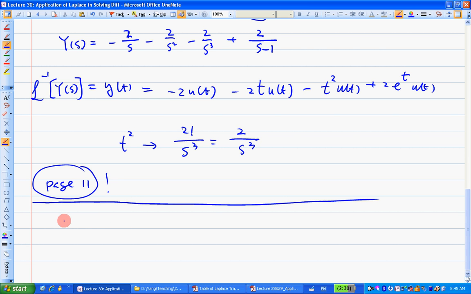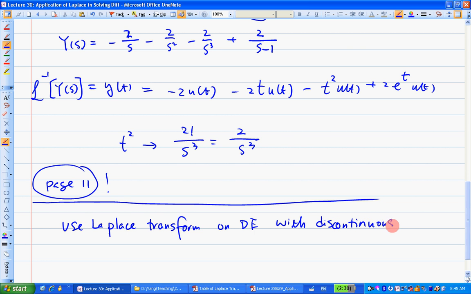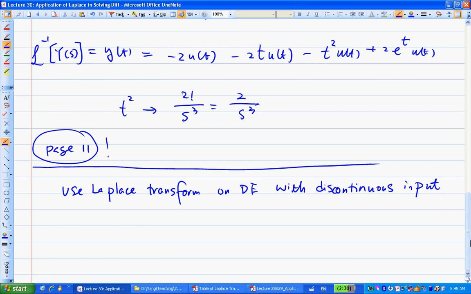We're going to use the Laplace transform on the differential equation with discontinuous input. So the input basically, we're saying y double prime plus y prime plus y equal to f of t.